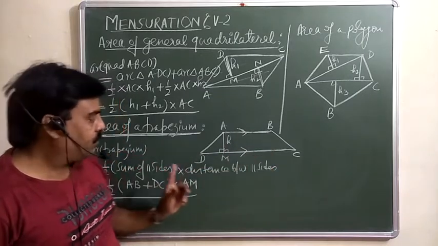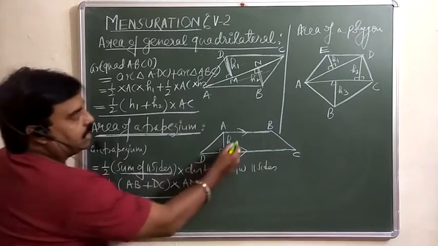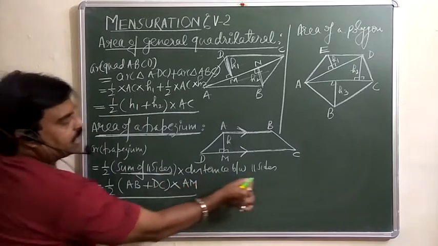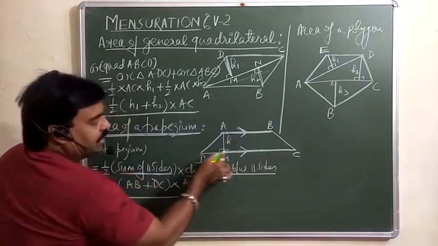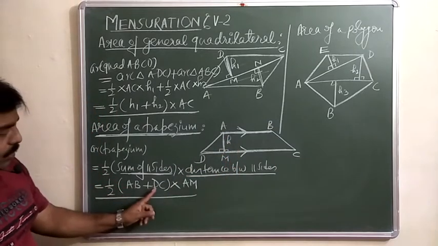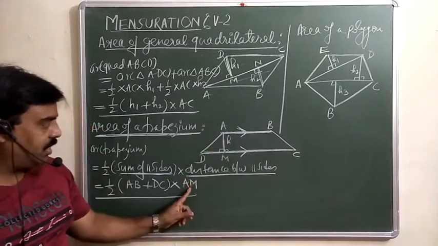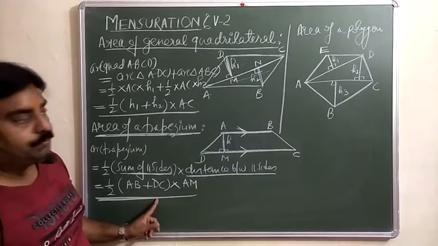Everywhere it will be the same. तो इसका formula होता है area of trapezium is 1 over 2 sum of the parallel sides. जो parallel sides हैं, you must add them and multiply it by the distance between the parallel side. So you will get 1 over 2 (AB plus DC). AB and DC are the parallel side, multiply by the distance AM, that is H is there. So this is the formula to find the area of a trapezium.